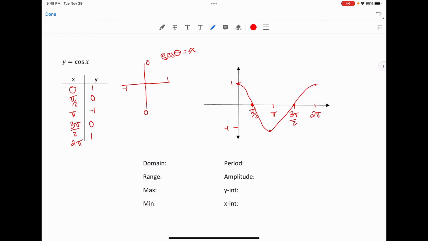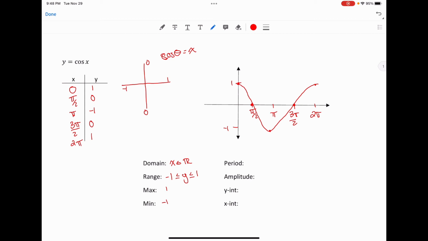So you can see my cosine wave is just my sine wave shifted over by pi over 2. My domain is x is all real numbers. My range is still -1 to 1. Max is still 1.